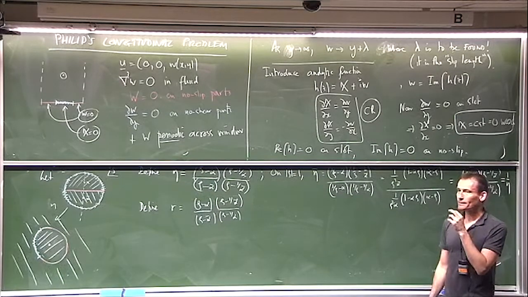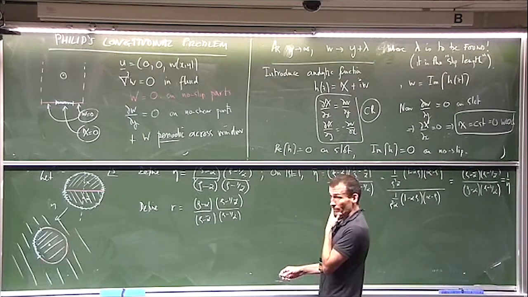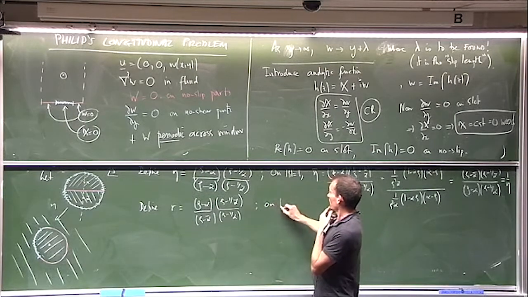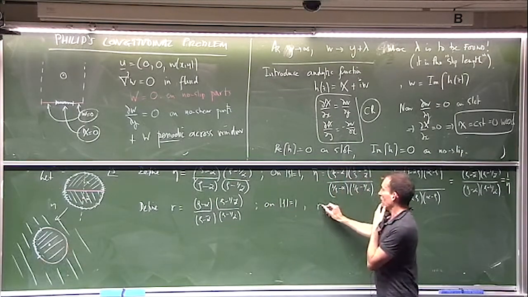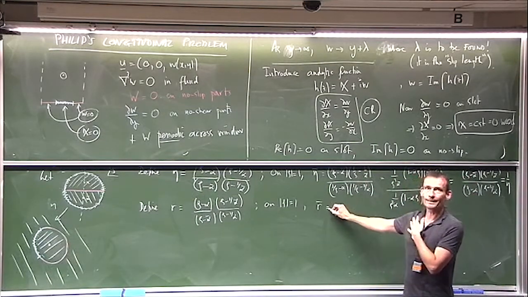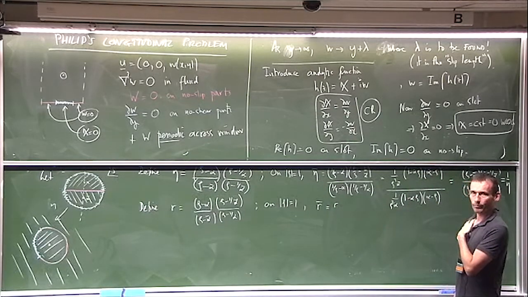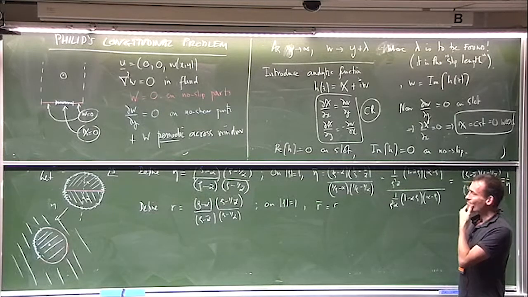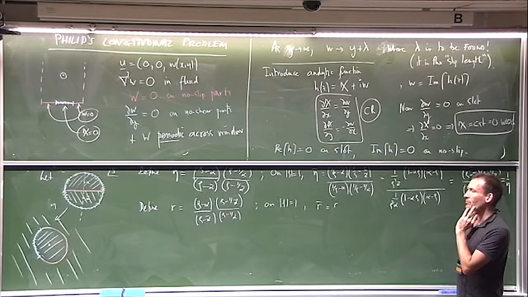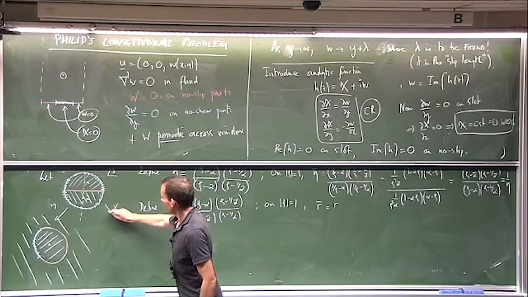Rodri knows what that is, because he's using that in his work. This is an example of a radial slip map, and in fact, on zeta equal to 1, you can show using similar manipulations, I'll let you do it as an exercise, that R bar isn't equal to 1 over R; it's equal to R.